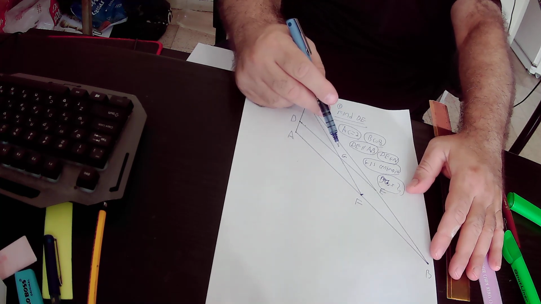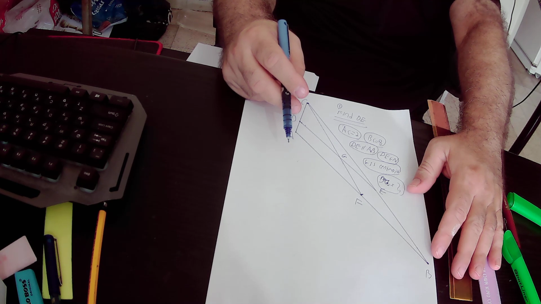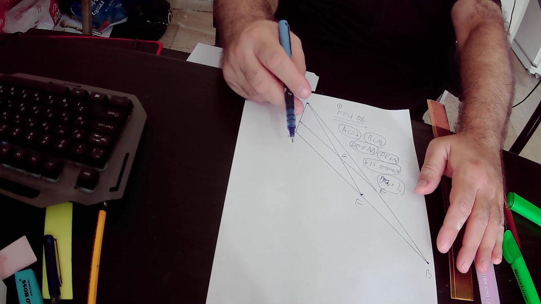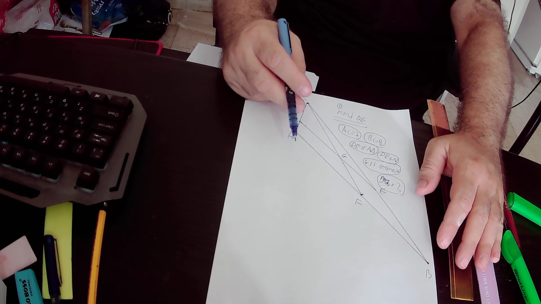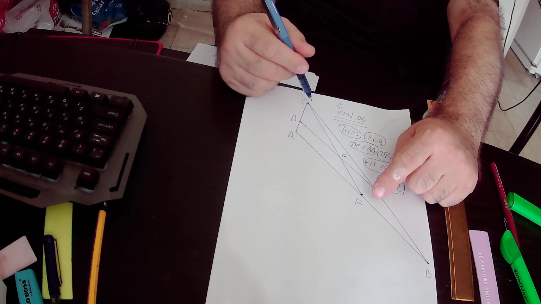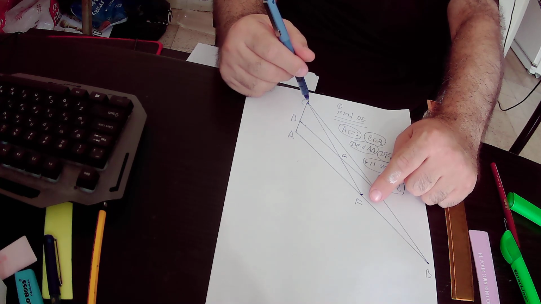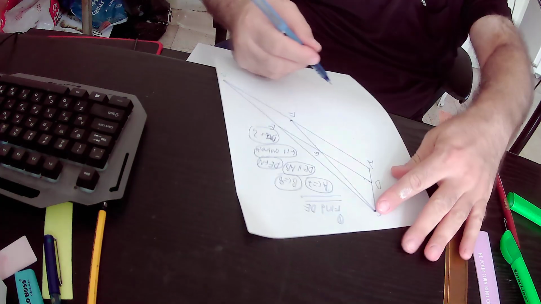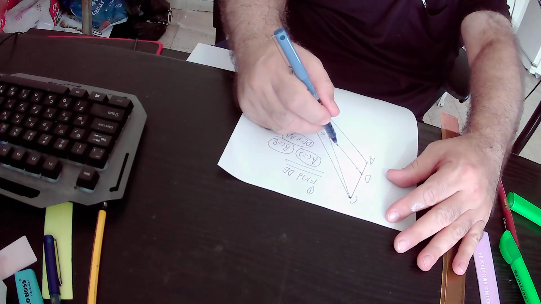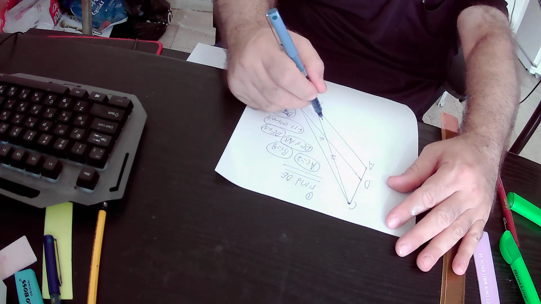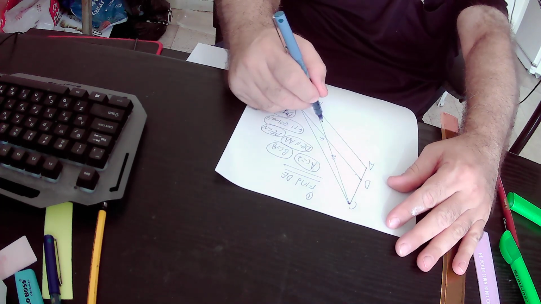Therefore, according to rule number 1, the centroid G divides the median CF in a ratio that equals 2 to 1. So if CG equals 2 units, then GF will be equal to 1 unit.